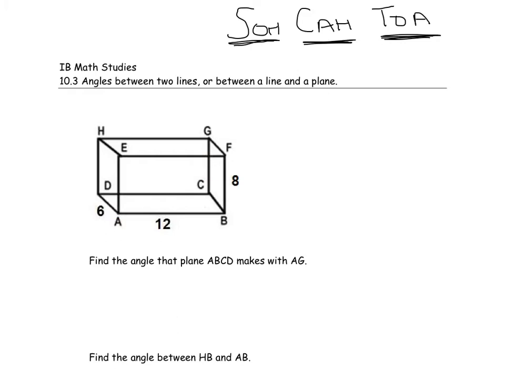So if I drew that rectangle, that would be A, E, G, C. And we're trying to find the angle that this bottom piece is making with that. So we're looking for this angle right here.